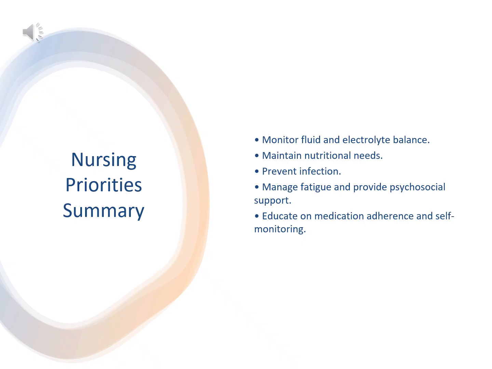We manage patients that might need dialysis, monitor for infection, and monitor for fluid imbalances and electrolyte imbalances. We educate on medication adherence and self-monitoring, and understand the psychosocial support that they may need as well.